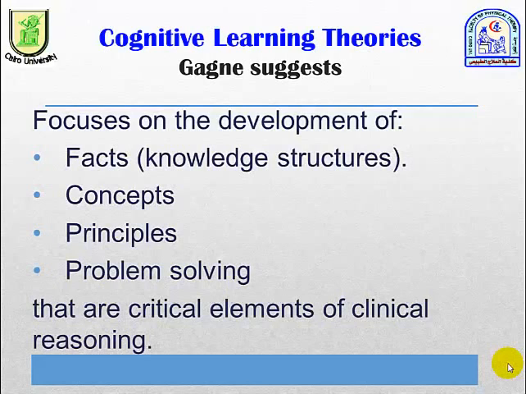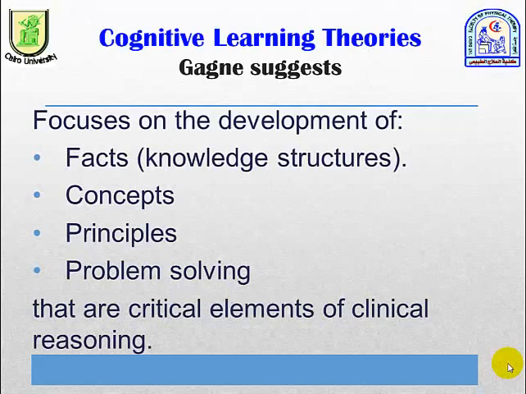The principle is essential, and depending on these three, facts, concept, and principle, we are going to solve the problem. So here we must emphasize four elements are essential and important. We can't miss any one when dealing with problem solving. In order, we must have all four.